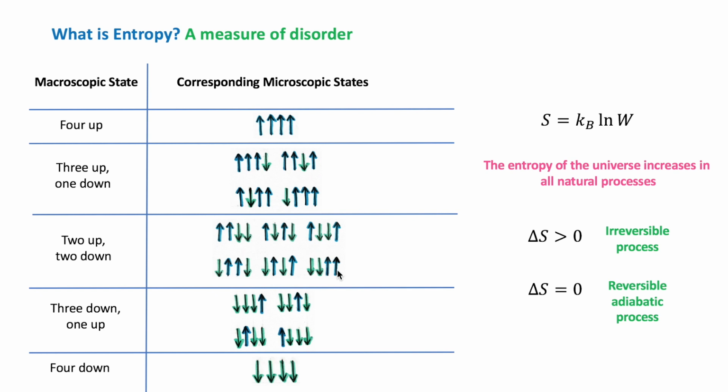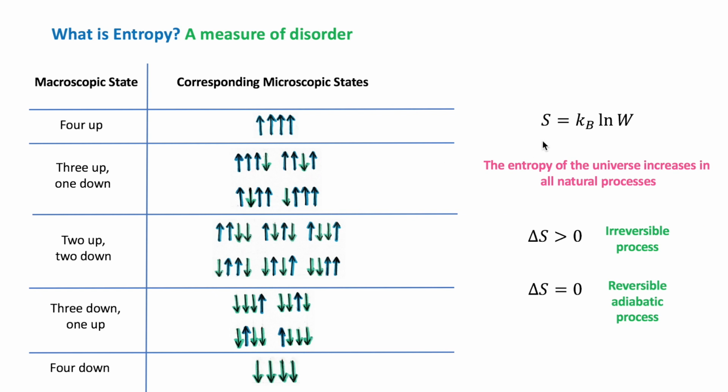So disordered states are more probable. Why are disordered states more probable? It's simply because there are more microstates there. Okay? And so this is why an isolated system tends towards a more disordered state, which means towards a higher entropy.